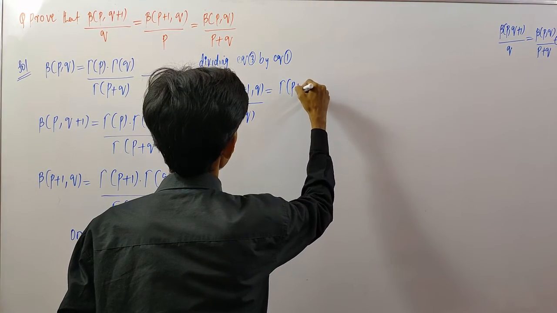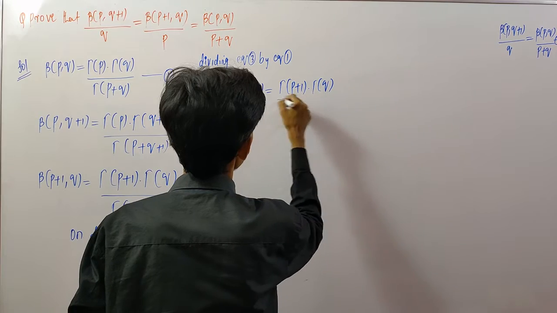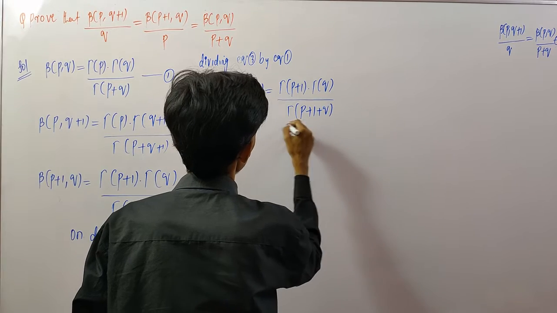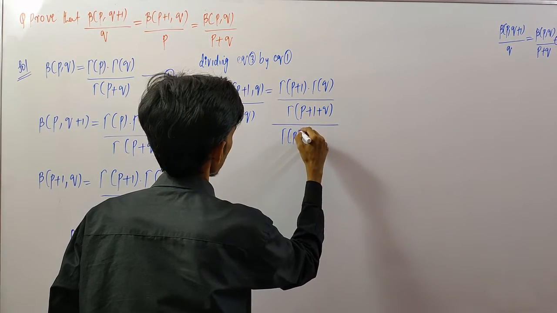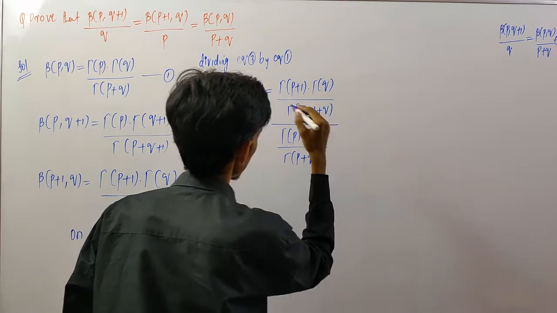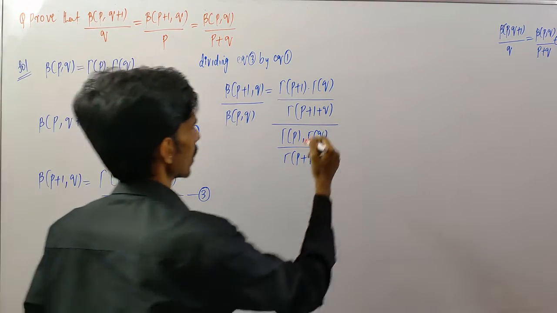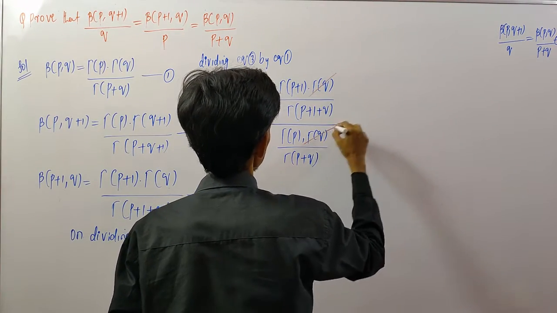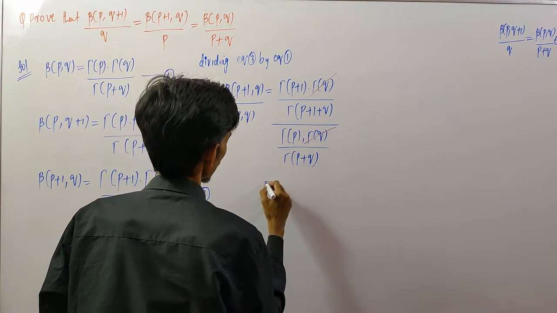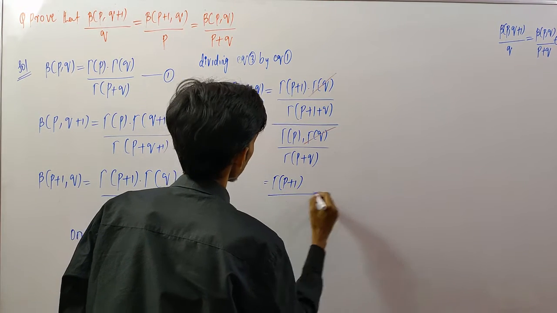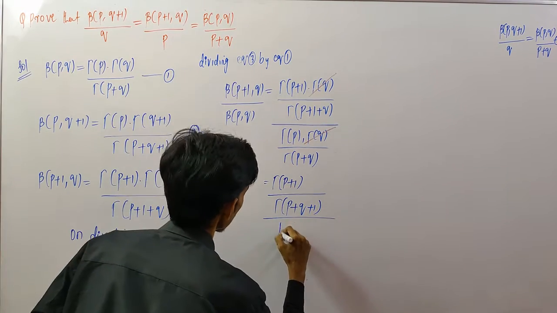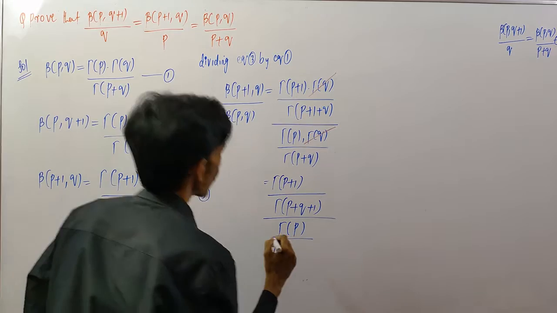We have gamma of p plus 1 into gamma q divided by gamma p plus 1 plus q, divided by gamma p gamma q divided by gamma p plus q. Here this gamma q and this gamma q will get cancelled. We have gamma of p plus 1 divided by gamma of p plus q plus 1, divided by gamma p divided by gamma of p plus q.